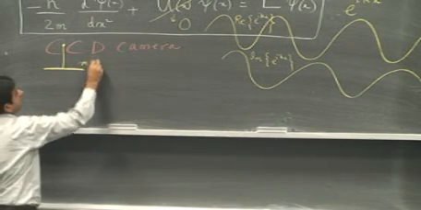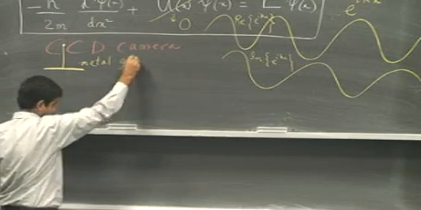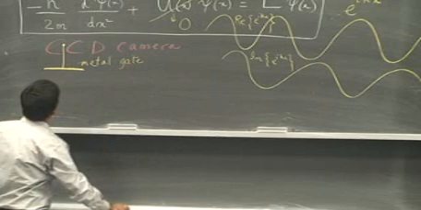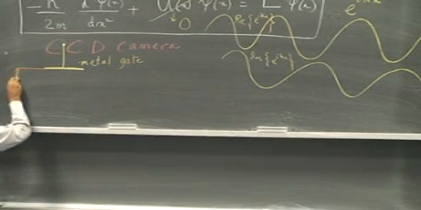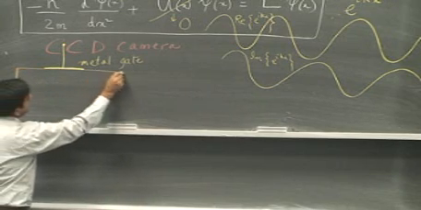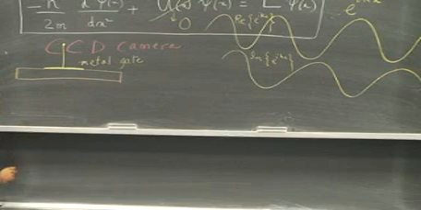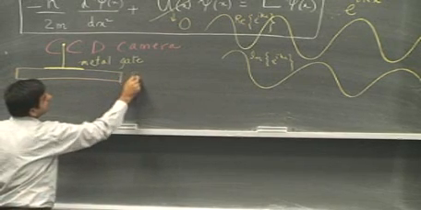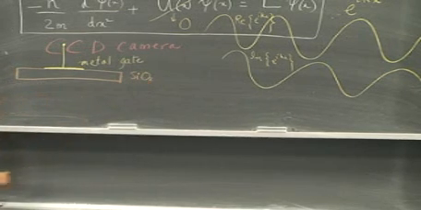It's called the gate. Beneath this metal gate is a layer of silicon dioxide.